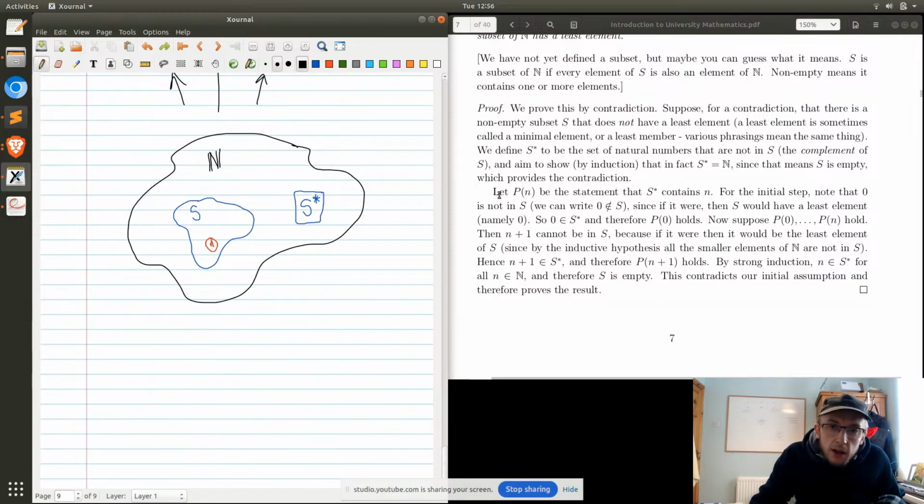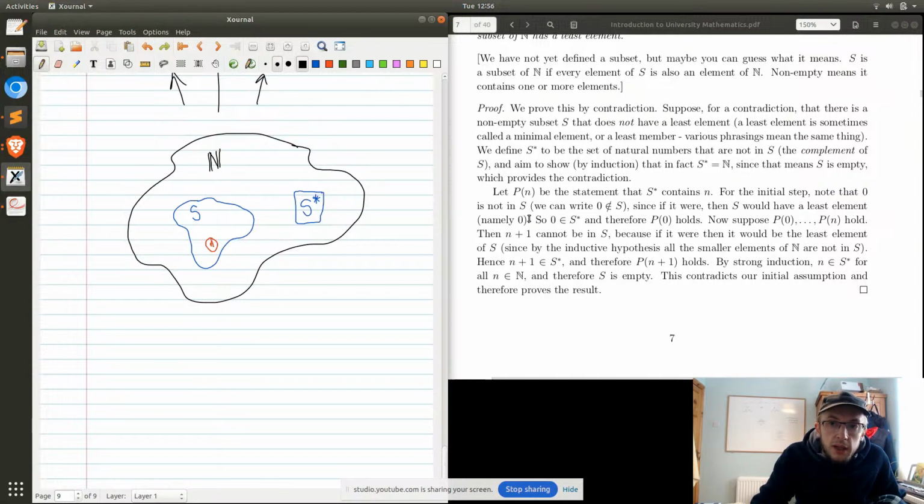Okay, so how does it go? It says, let P of n be the statement that S star contains n. For the initial step, note that 0 is not in S. Of course it's not in S, since if it were, then S would have a least element, namely 0.